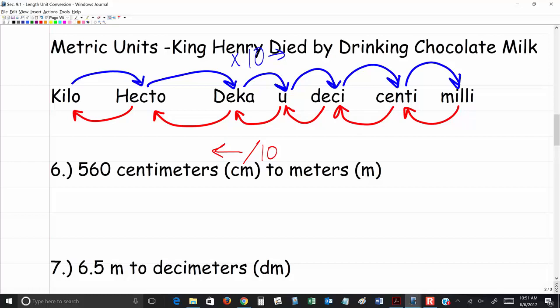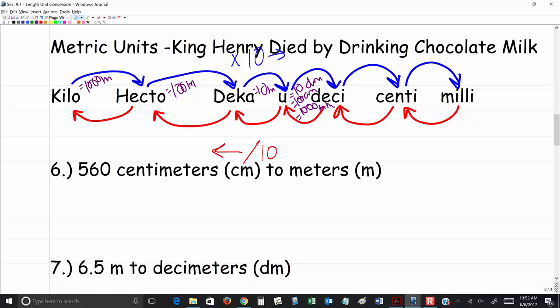So, let's see if I can maybe write that on here too. So like this equals 1,000 meters, this equals 100 meters, this equals 10 meters, and then the U equals 10 decimeters, which also equals 100 centimeters, which also equals 1,000 millimeters.